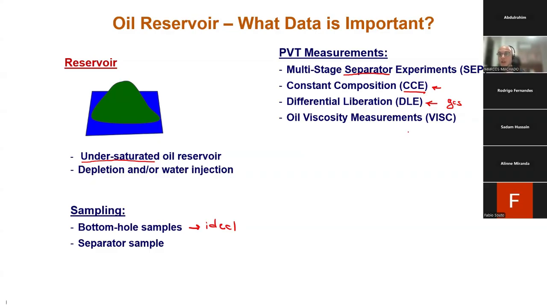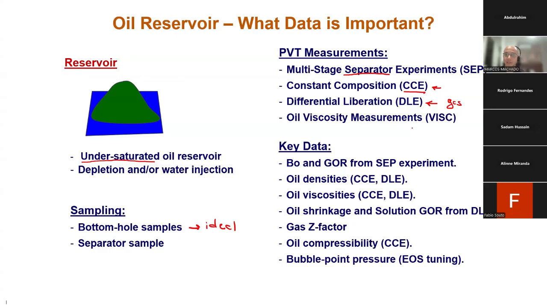You need to carry it out in separate equipment to measure the behavior of the viscosity above and below the bubble point, okay? And those are the data generated by those experiments: BO, GOR, densities, viscosity, oil shrink rate, okay? The reduction in volume of the oil, the gas properties, okay? And the bubble point, the saturation pressure, okay?